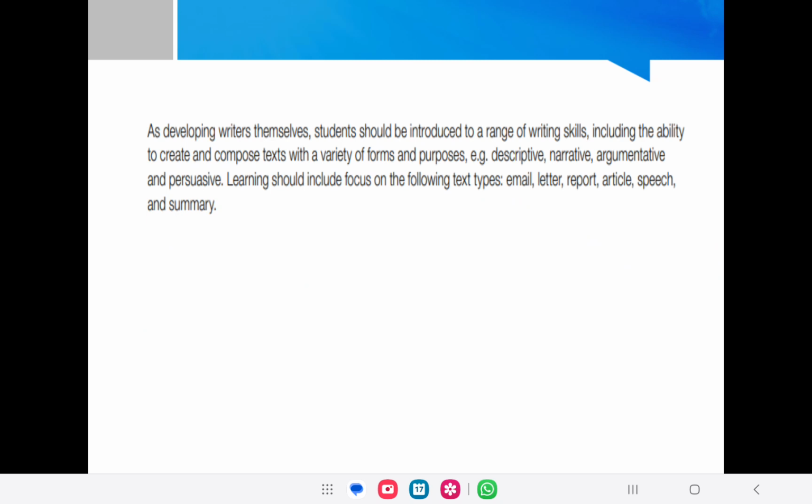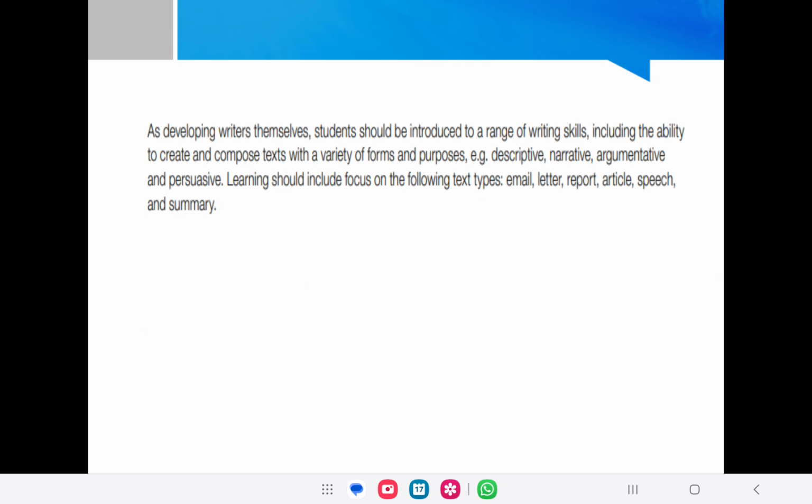Now as a writer, because you have to write compositions, you have to write academic writings, what is expected is that as developing writers themselves, students should be introduced to a range of writing skills, including the ability to create and compose text with a variety of forms and purposes.